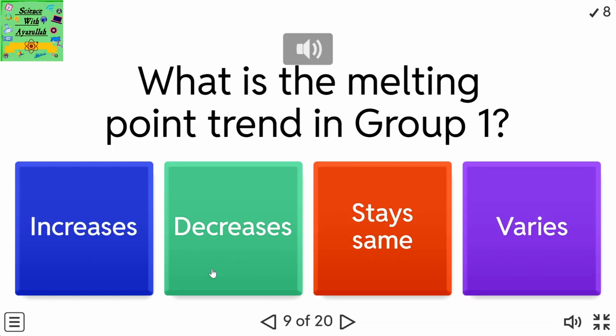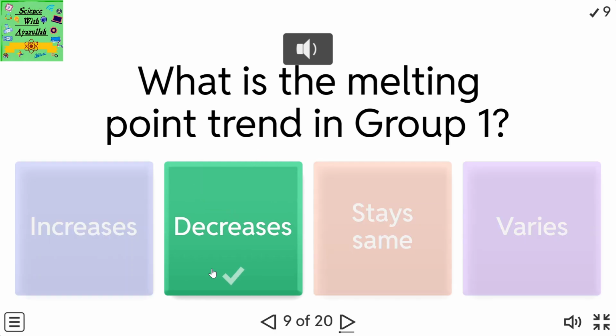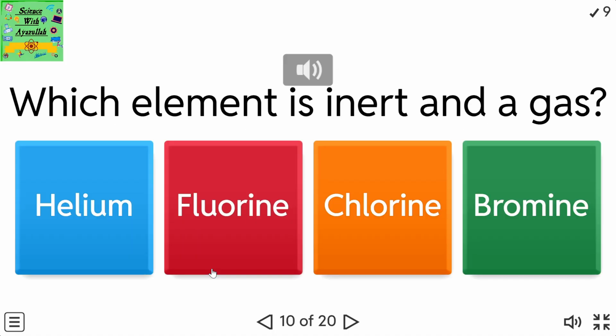What is the melting point trend in Group 1? Which element is inert and a gas?